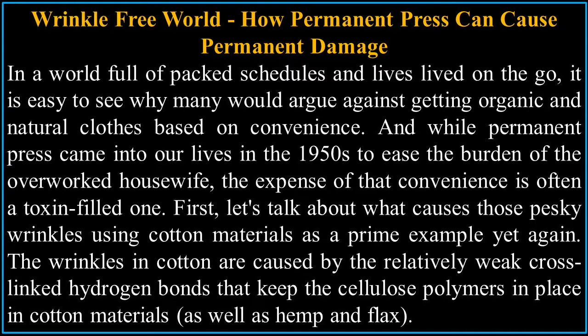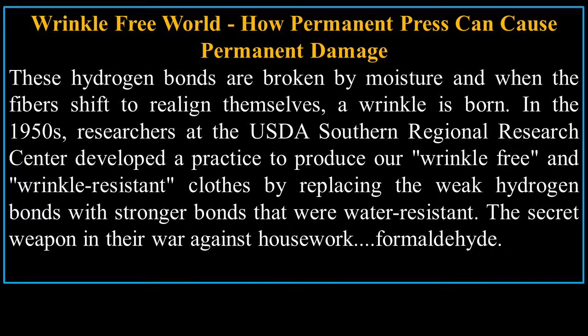First, let's talk about what causes those pesky wrinkles, using cotton materials as a prime example yet again. The wrinkles in cotton are caused by the relatively weak cross-linked hydrogen bonds that keep the cellulose polymers in place in cotton materials, as well as hemp and flax, which are competitors with cotton for clothing.